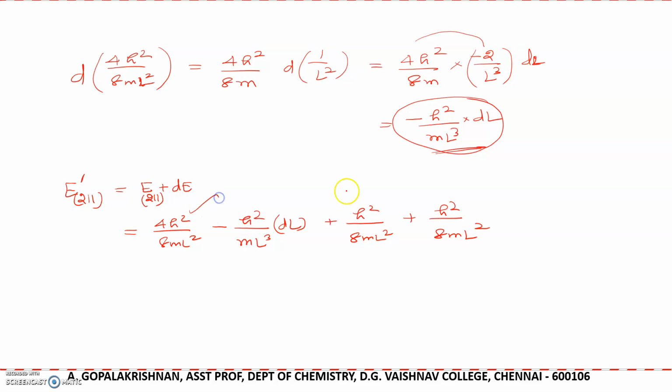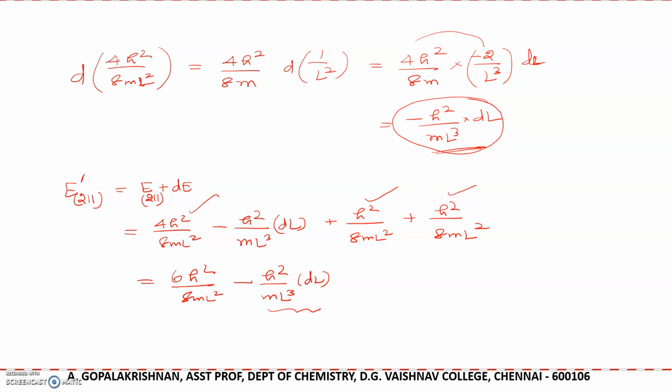Now if you add these three, we will get 6h²/8mL². This is the energy before distortion. Then -h²/(mL³) dL. This is the change in energy due to elongation along the x-axis.